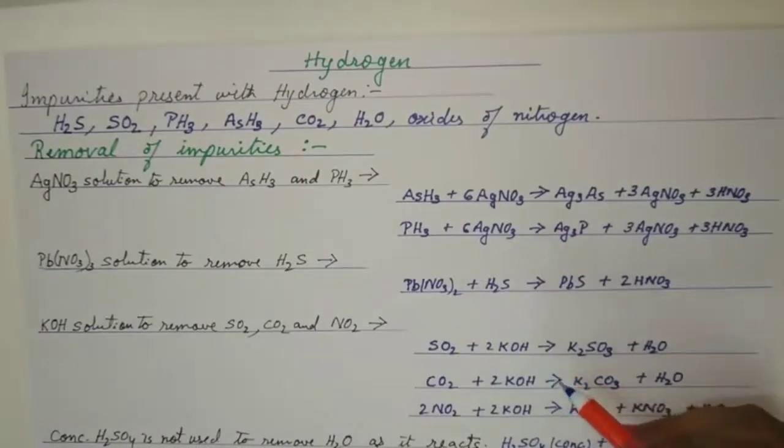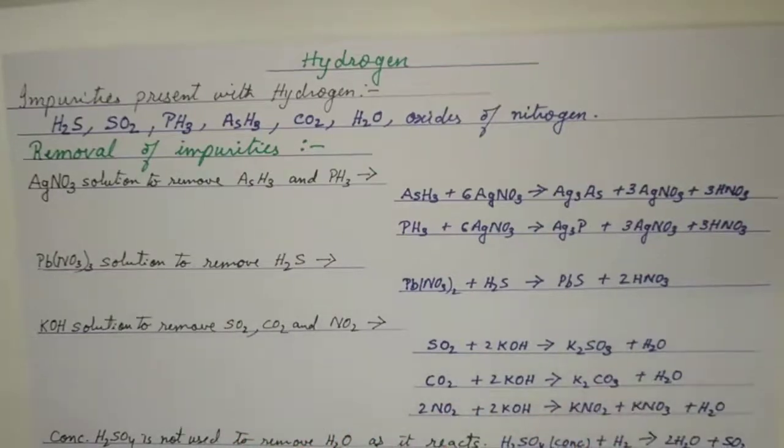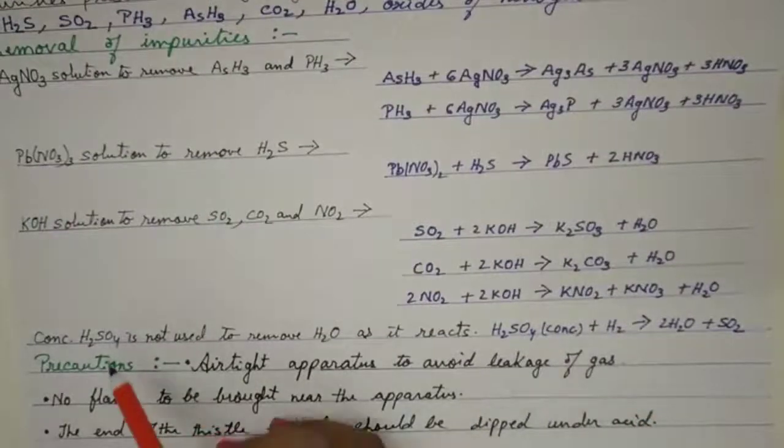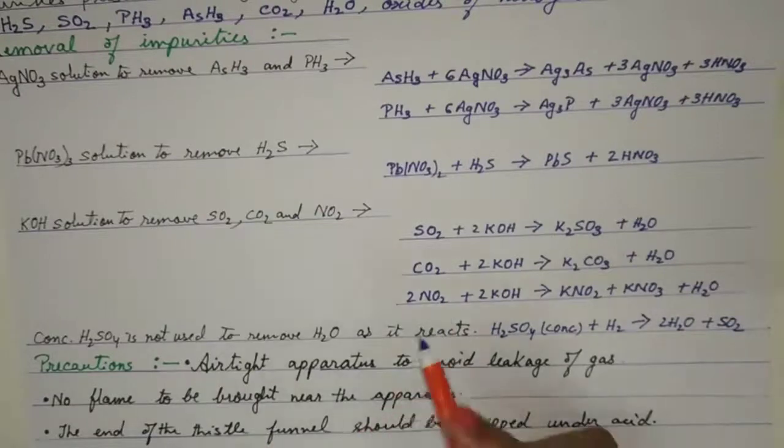And potassium hydroxide, so that all these oxides of sulfur, carbon, nitrogen can be absorbed as shown. Please learn the equations. And as I said, conc sulfuric acid cannot be used to remove water because it will react to give you water and sulfur dioxide. Yes, because it is hydrogen, very reactive.